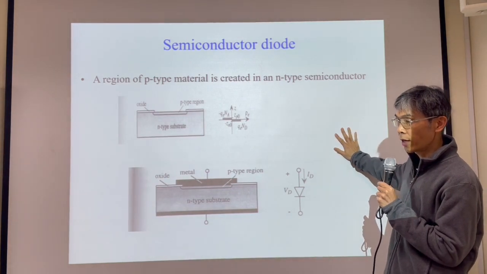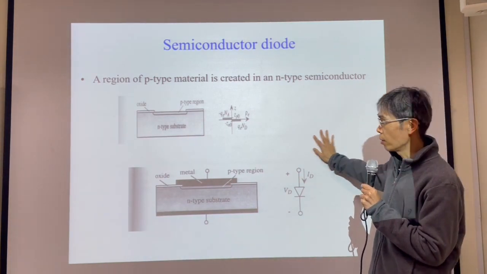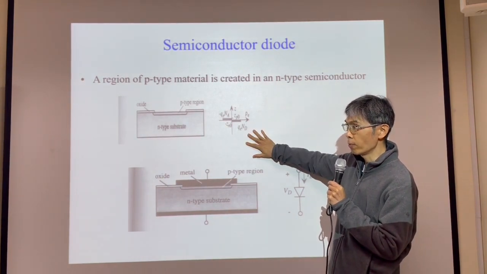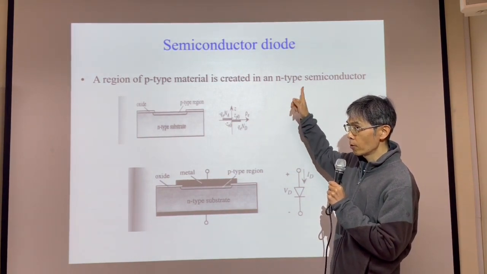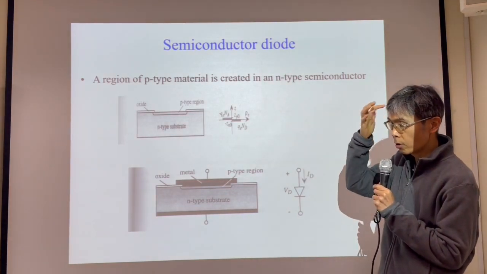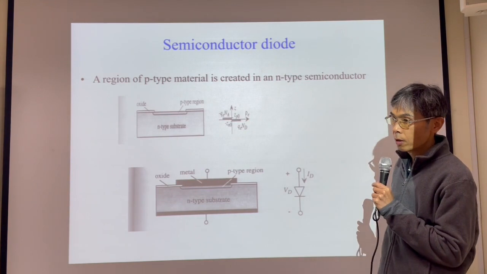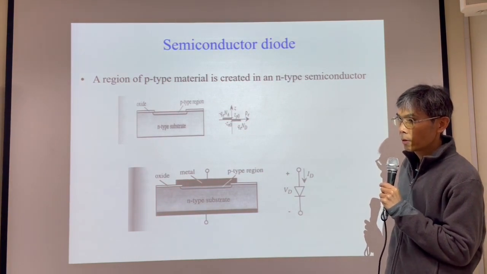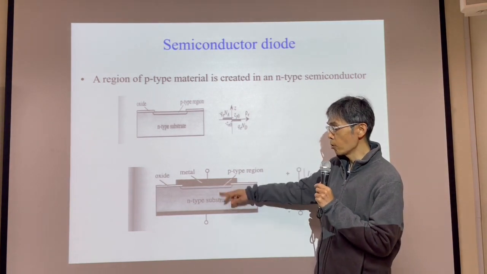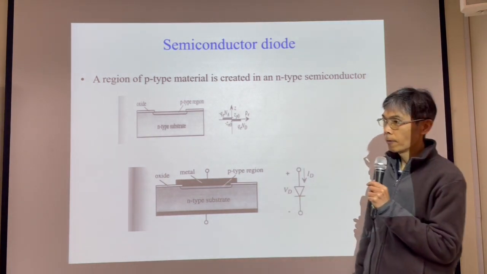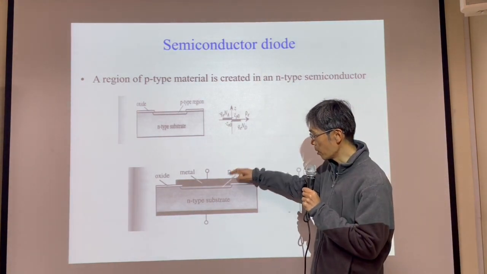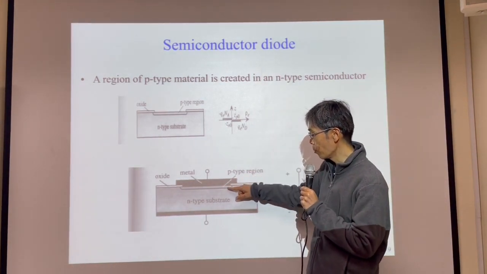And which element did we put into the silicon to create P-type? Two slides ago. Do you remember the image in your brain? Boron. Yes, boron. So we put boron dopants here to create the p-type region.